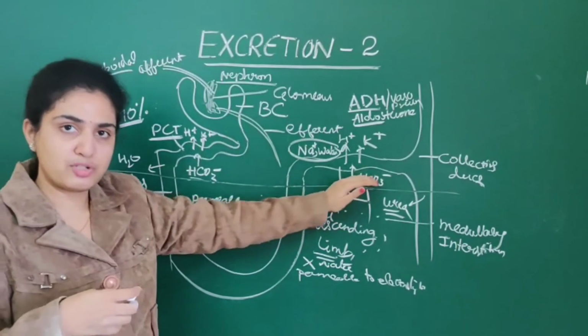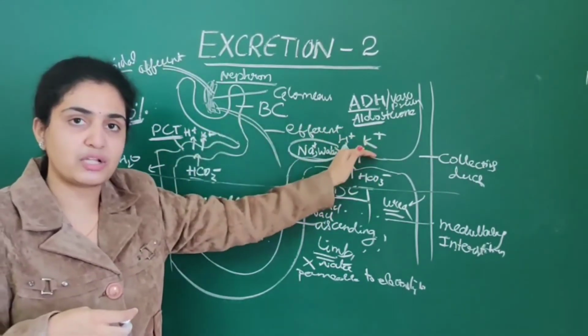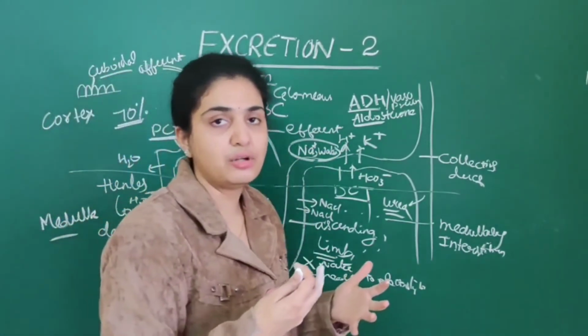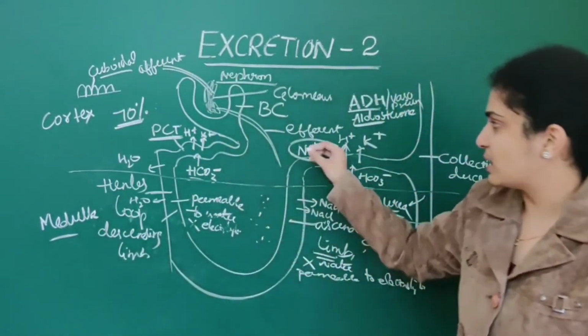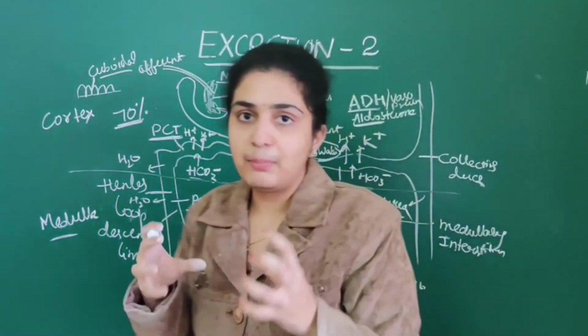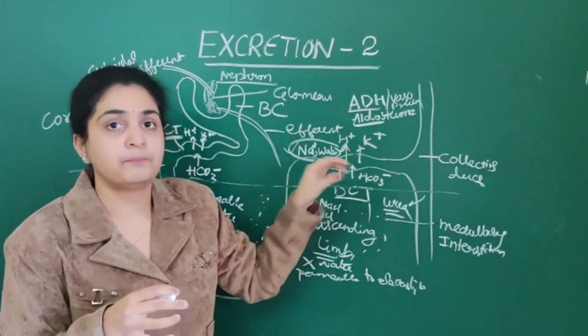Here one extra feature is for the distal convoluted tubule: it also helps in absorption of sodium as well as water. Important NEET question: DCT helps in absorption of mainly sodium as well as water.